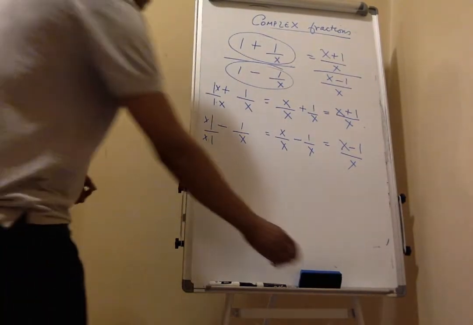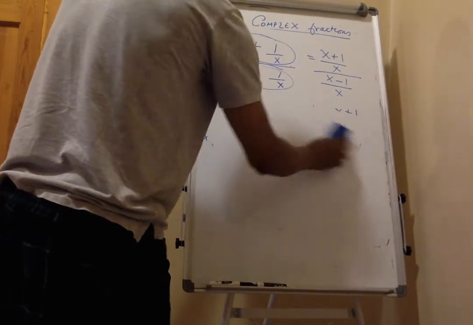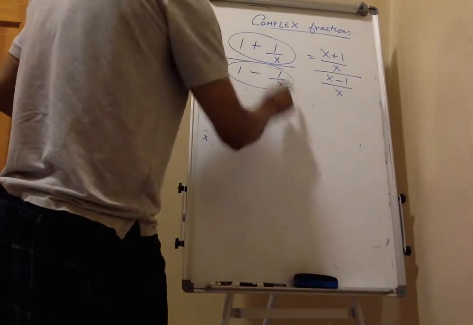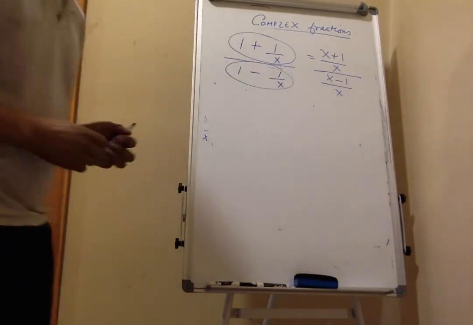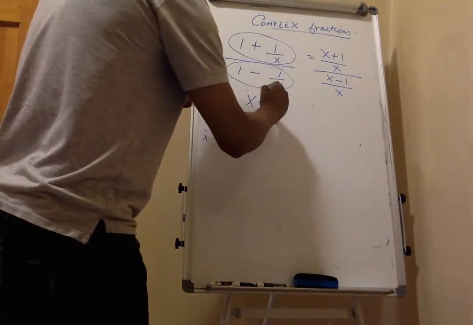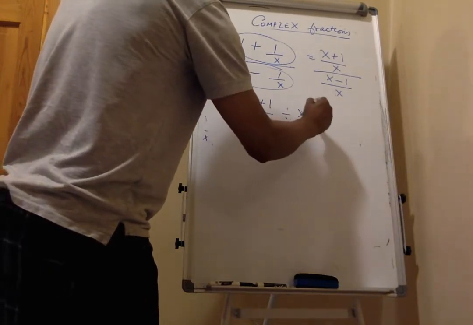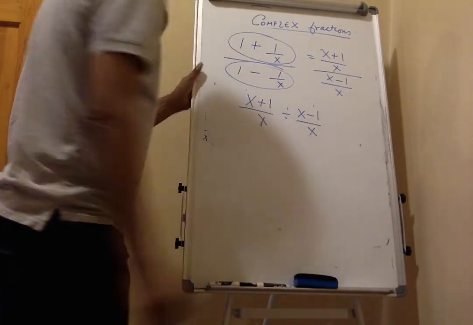Okay? Now, if this means this, then we can conclude from here, I'm going to write x plus 1 over x divided by x minus 1 over x.